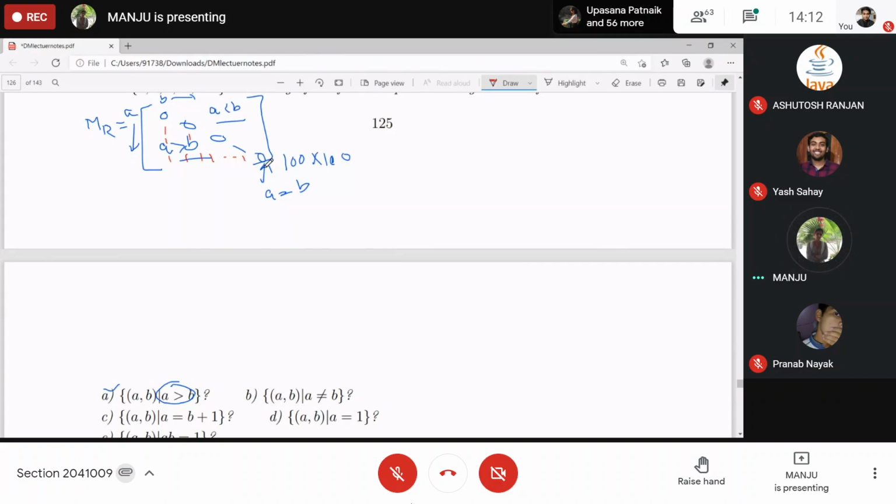Clear? So how many ones are there? Yes, ma'am. In second row, 1. In third row, 2. In fourth row, 3. And so on, in 100th row, 99. Clear? In fourth row, the number of ones is 3.